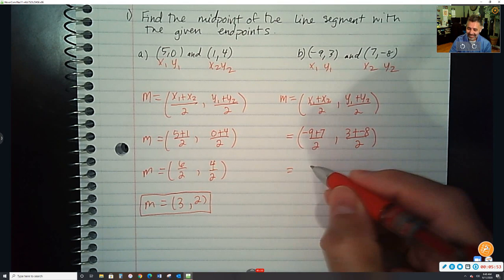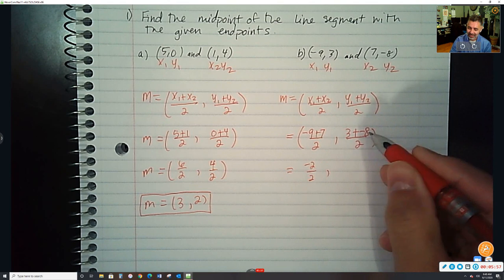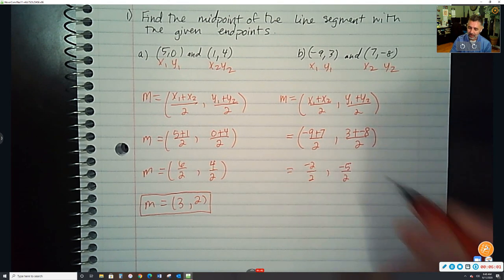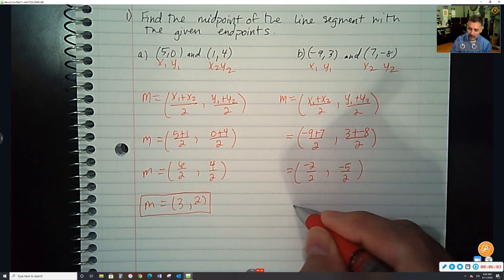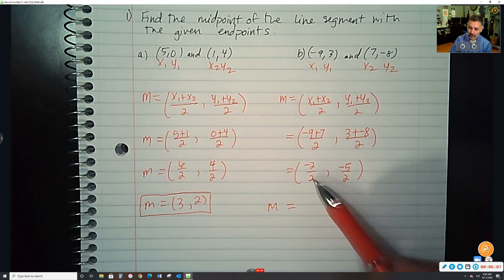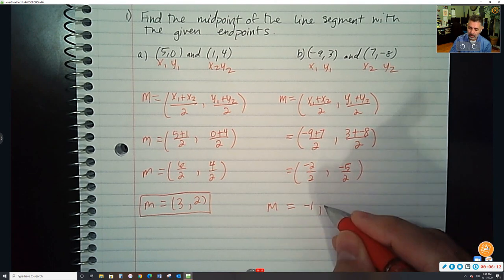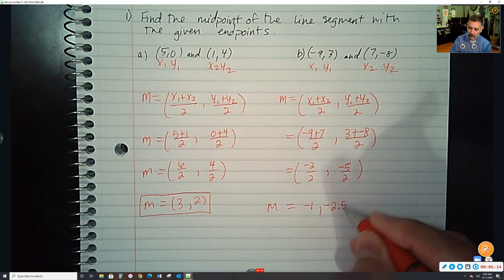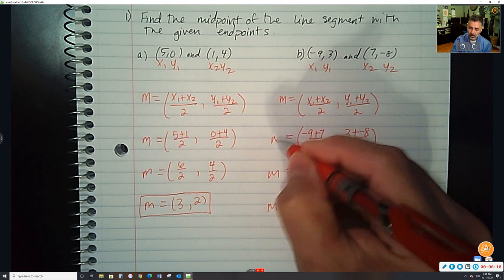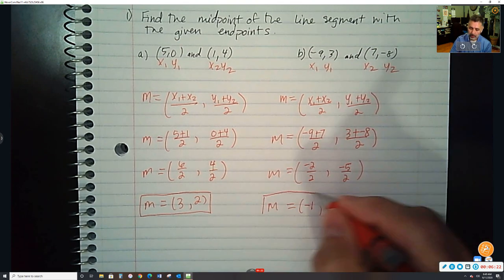It's negative 2 over 2, and this one is negative 5 over 2. The very last thing we do is just divide these. Negative 2 divided by 2 is negative 1. Negative 5 divided by 2 is negative 2.5. And that's it. That's midpoint.